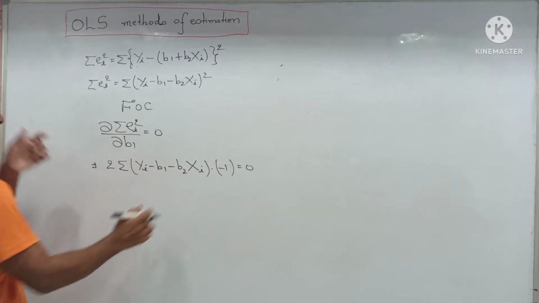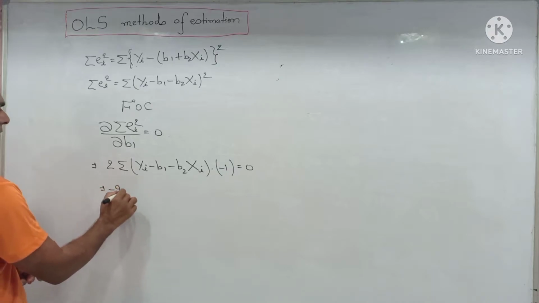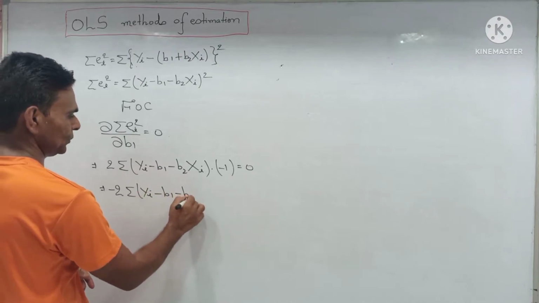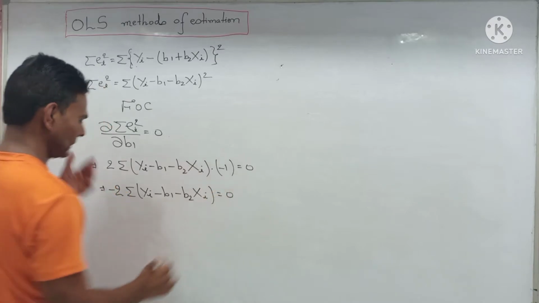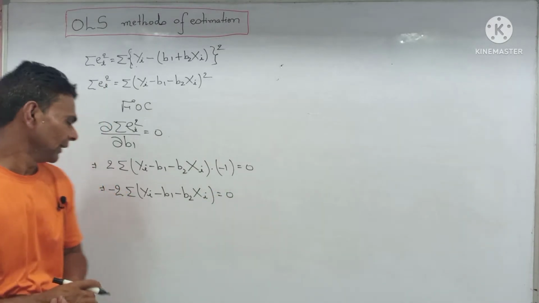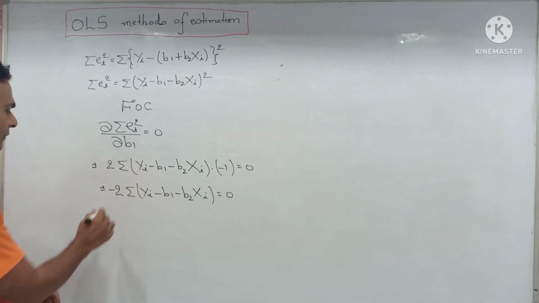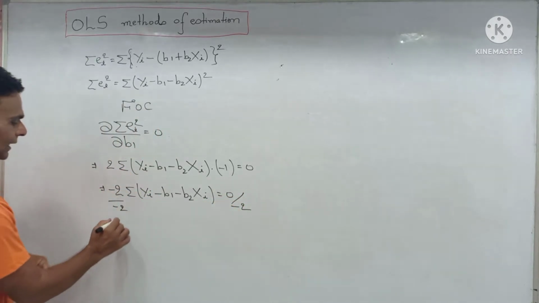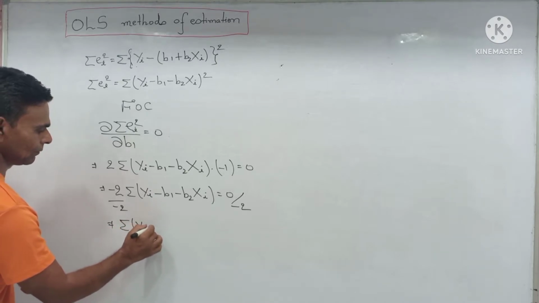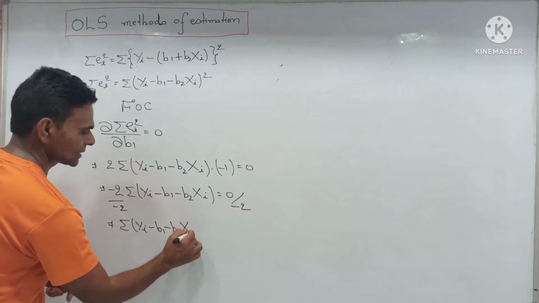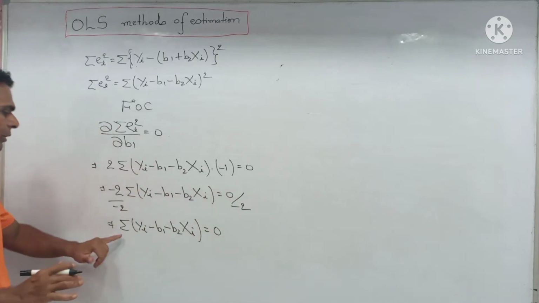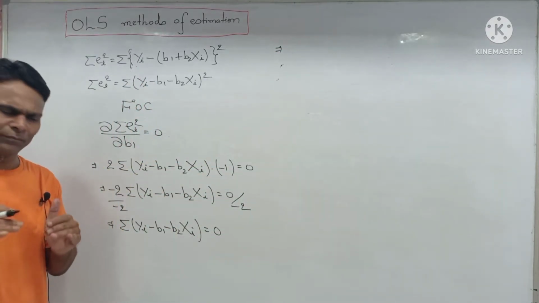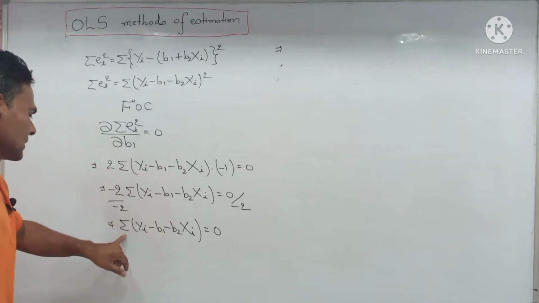Minus 1 into 2 becomes minus 2, summation of (yi minus b1 minus b2 xi) equal to 0. Dividing both sides by minus 2, it becomes summation of (yi minus b1 minus b2 xi) equal to 0.